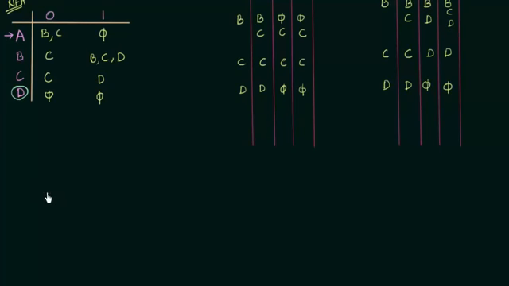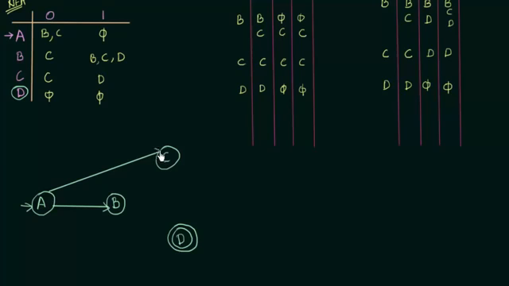Okay, now let us draw the transition diagram over here. I have state A, which is my initial state, and we have state B, and let me put state C over here, and state D is here, and D is also my final state. So let's see. A on input 0 goes to B and also to C. A on input 1 does not go anywhere.